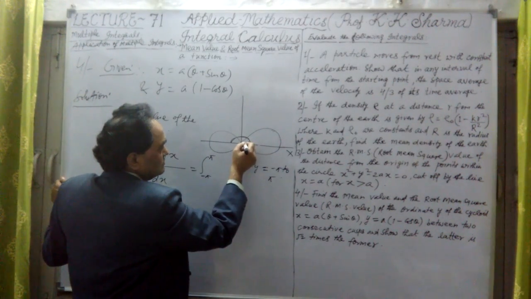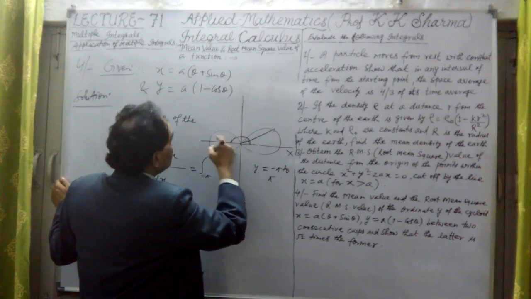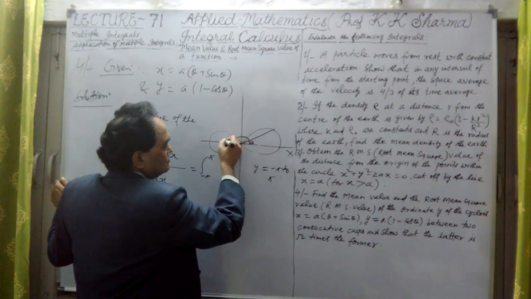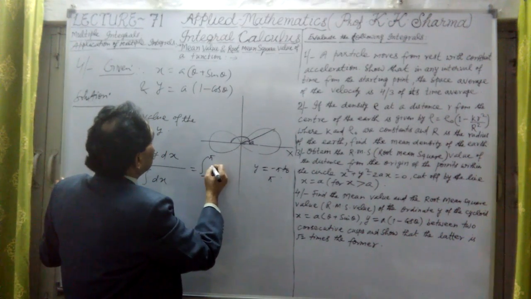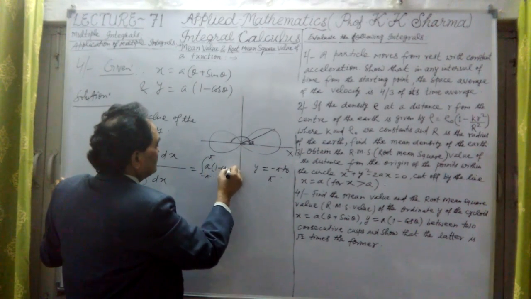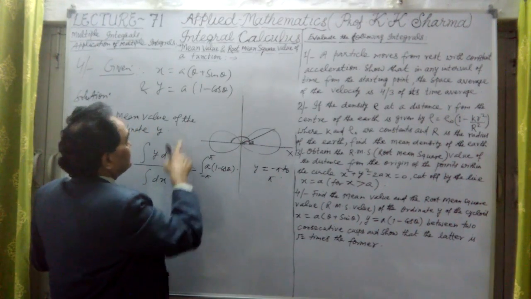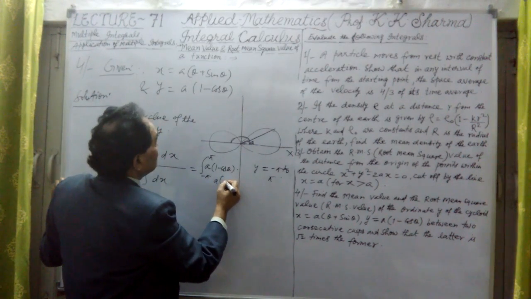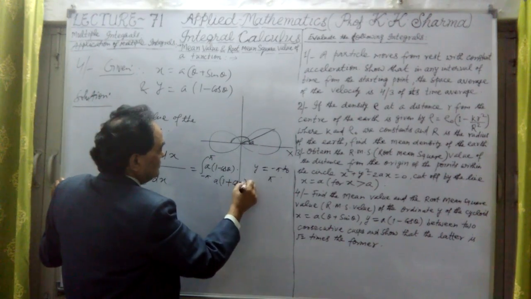So the theta limits, if I take, are minus pi by 2 to plus pi by 2. So y is in terms of theta here: a into 1 minus cos theta into dx. Now dx is the differentiation of this value, that means a into the difference of theta, which is 1, plus the derivative of sin theta, which is cos theta, into d theta.